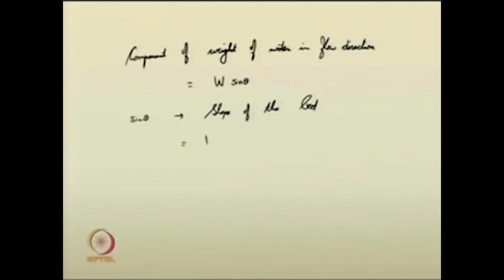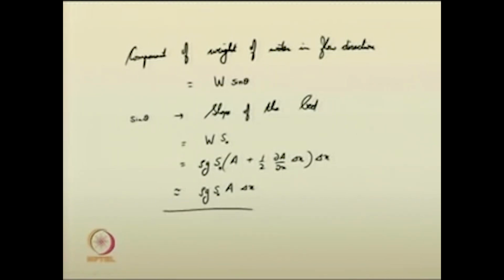Therefore, this is nothing but W S0, which is equal to ρg S0 (A plus half ∂A/∂x into Δx) into Δx. Wherever higher order of Δx terms are coming, we can neglect them. This can be approximated as ρg S0 A into Δx. So, this is your component of weight of water in the flow direction.